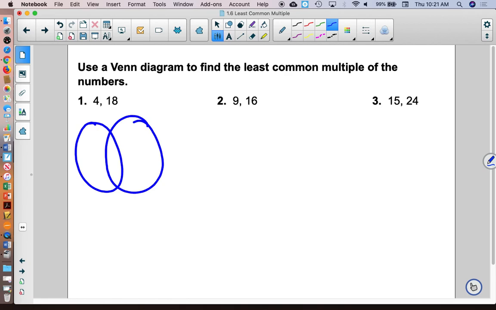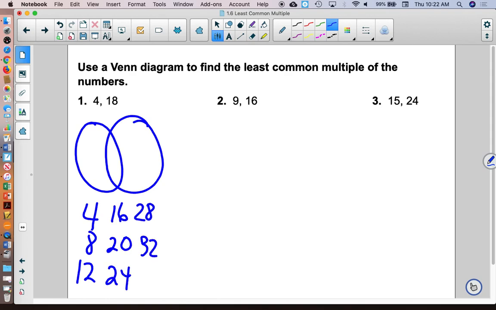All right. I want to use the Venn diagram to find the least common multiple. Remember, we said multiples, so we're going to do some skip counting. For the number 4, I like to do mine down here because then I'll put it where it belongs. So I've got 4, 8. Help me out, kiddos. 12, 16, 20, 24, 28, 32, 36.